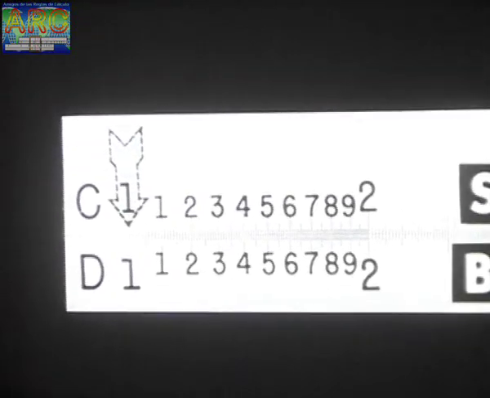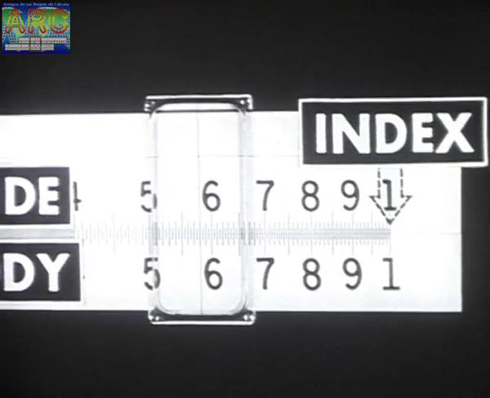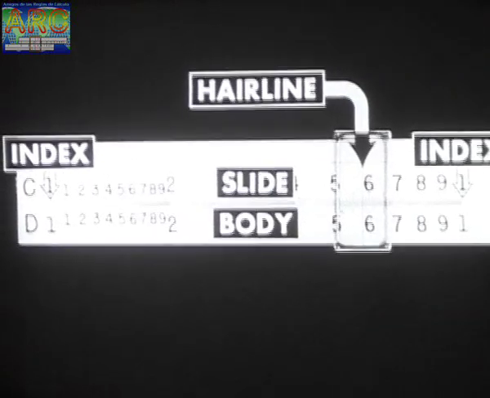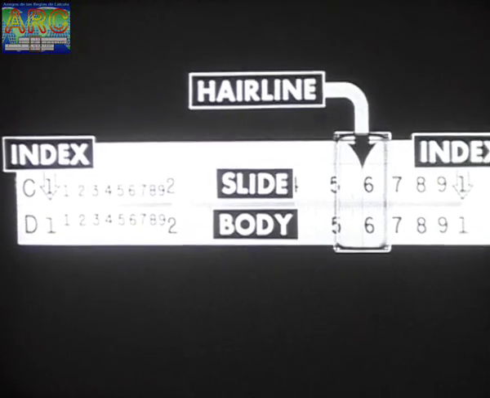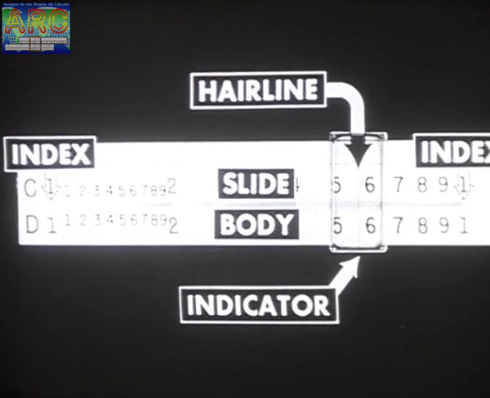This mark, numbered 1, is the left index of the C scale. This is the right index of the C scale. A hairline, which assists in reading the rule, is on a runner called the indicator.